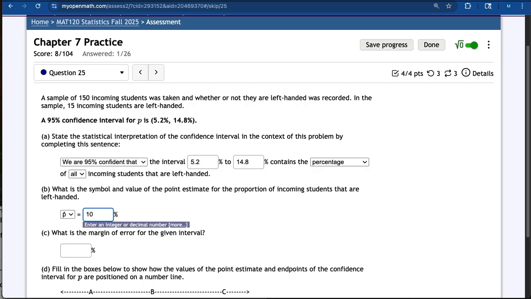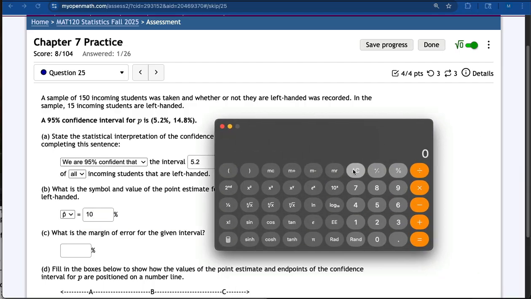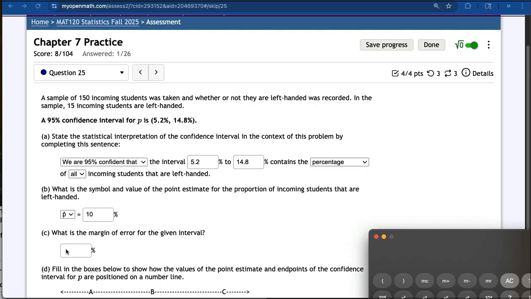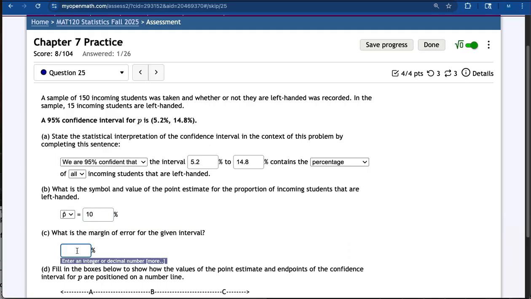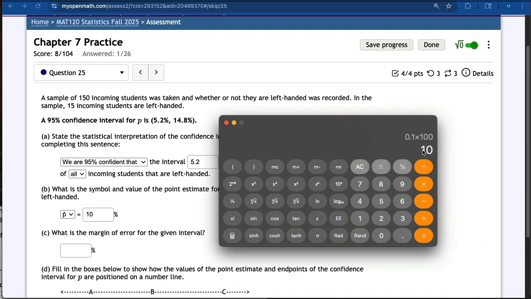If we're not sure about that, we can go over here and calculate what is 15 divided by 150, 0.1 times 100. So that's 10%. And then the margin of error is going to be our upper limit minus, so we need parentheses, take your upper limit 14.8, subtract your lower limit 5.2.